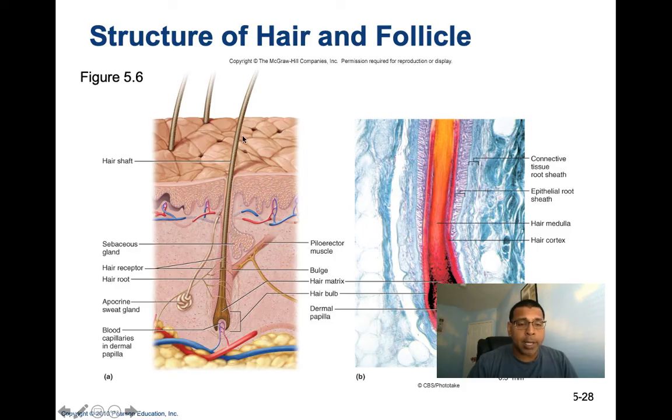It's the main region of our hair. Here is where keratinization is complete.